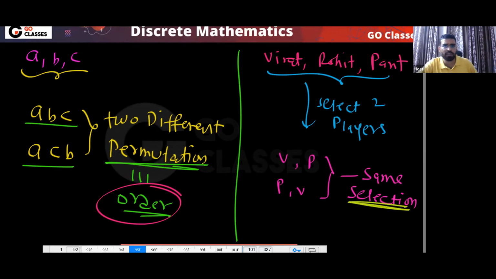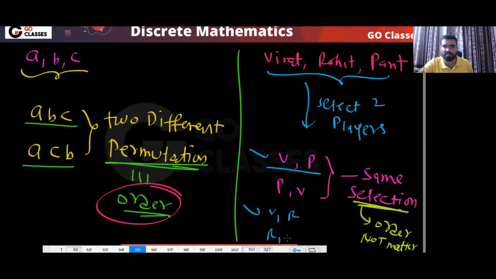Yes or no? So this is a selection. Another selection is Virat, Rohit. Another selection is Rohit, Pant. So only three selections are there. Agree?